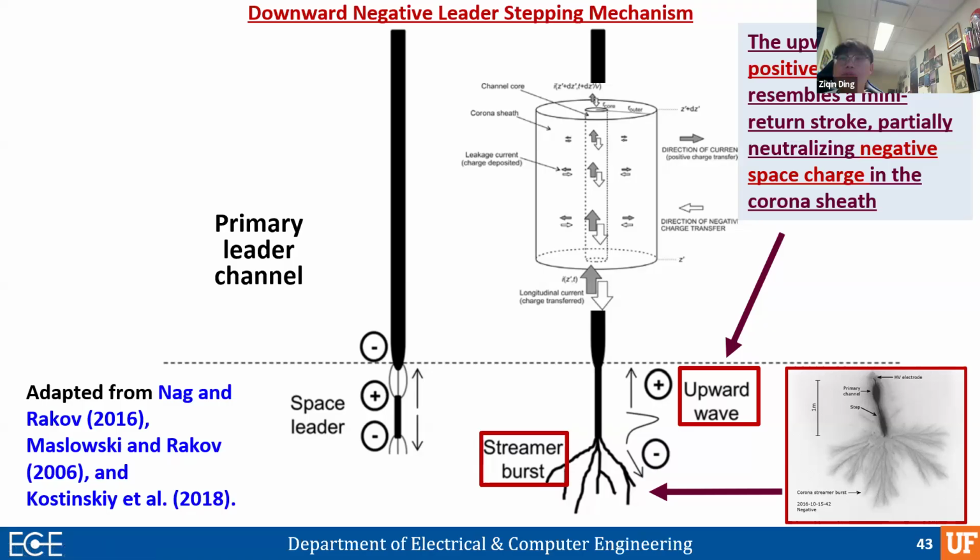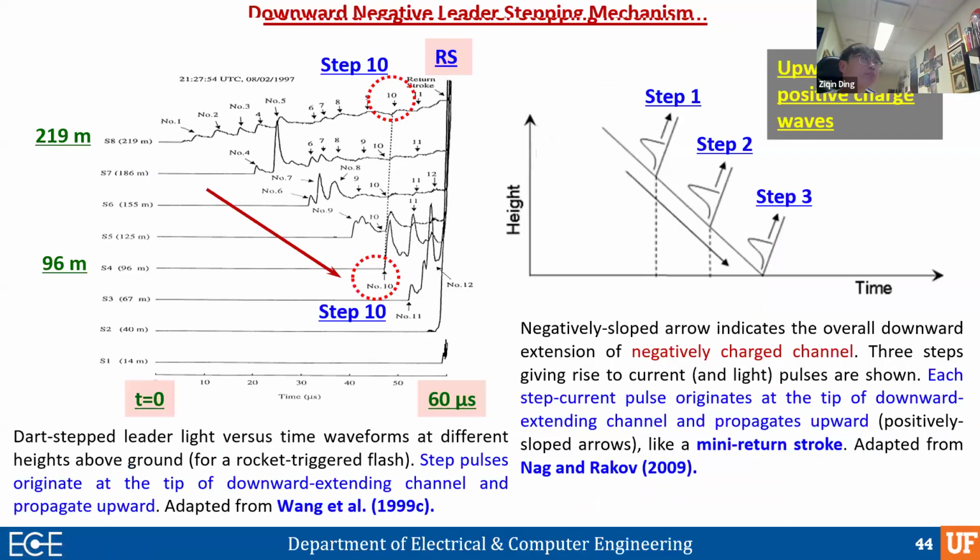So the positive wave will serve to attract the negative charges stored inside the nearby negative leader tips. That's why the collision actually occurred.